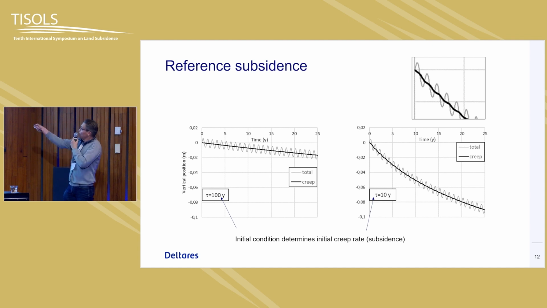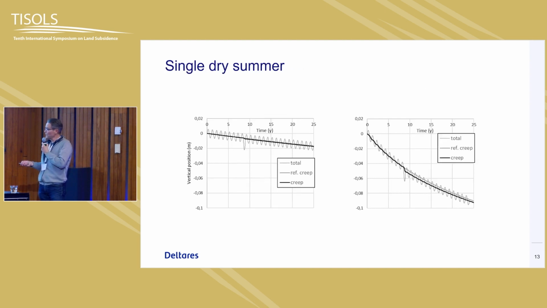You see, by the way, that the creep rate varies in time. The black line is a bit wavy. That's because of the response in the creep to the changes in effective stress, or the dynamic changes in stress, a bit wiggly. In the dry year case, you see some impact on the subsidence.